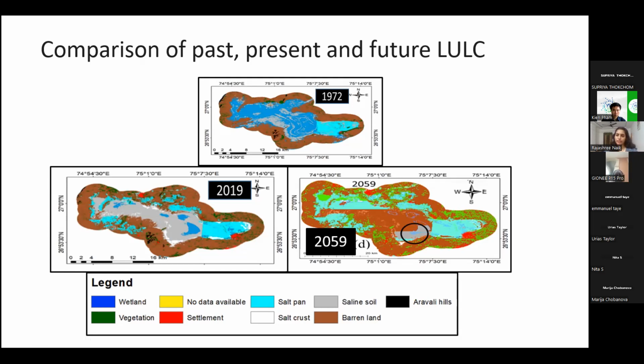From the point of view of ecosystem services, if water is lost, this lake is very important for flamingos, because this is a saline lake, and in a saline lake the red algae survive, and by eating those red algae, flamingos become pink.